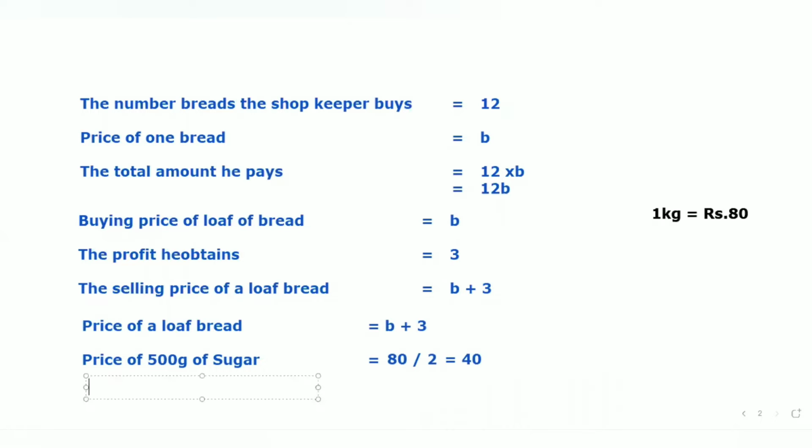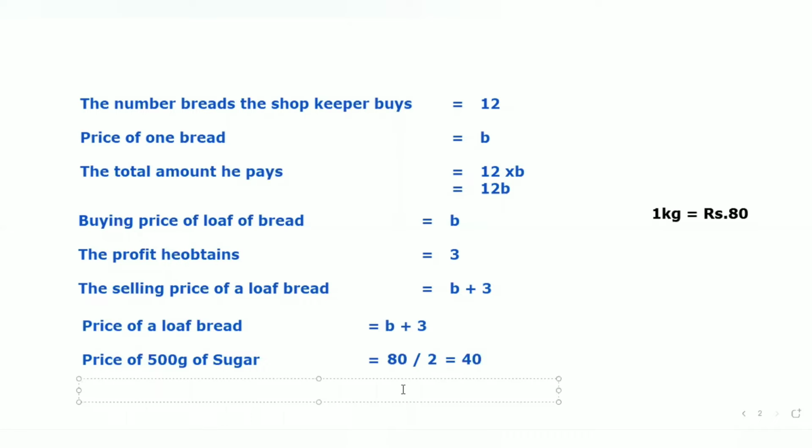Then the final question they are asking, what is the total amount the customer spends? They are asking how much money the customer spent. Right? The total amount the customer spends.